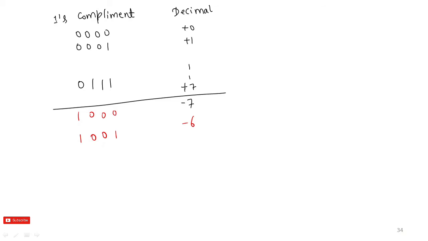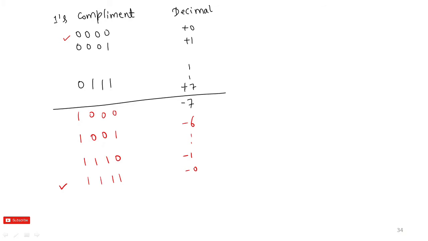And -1, first plus 1 and then complement, so 1 1 1 0. -0 is 1 1 1 1. Okay. Actually, the range goes from 0 0 to 1 1 1. You can't go beyond this in 4-bit binary system.